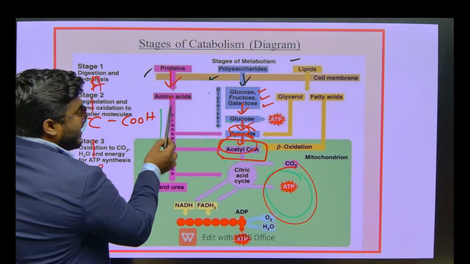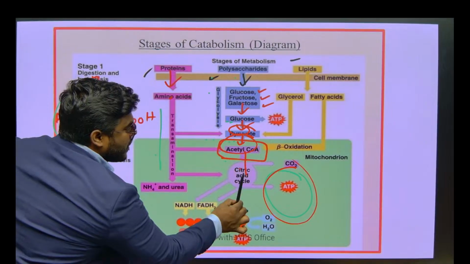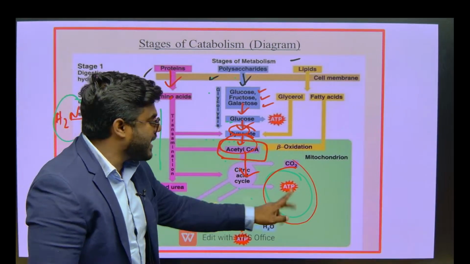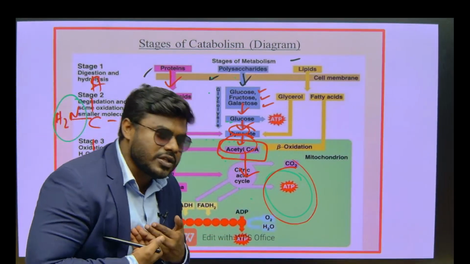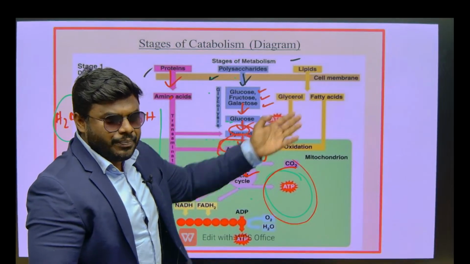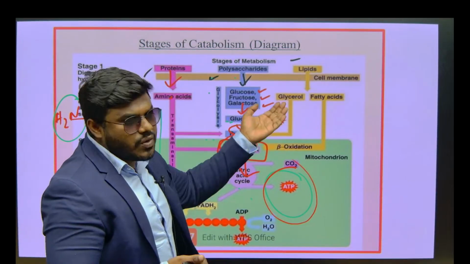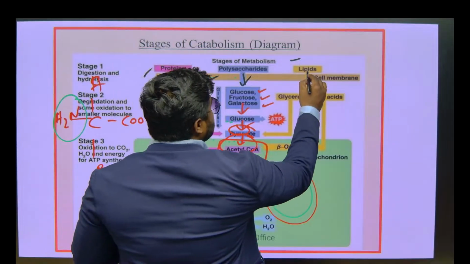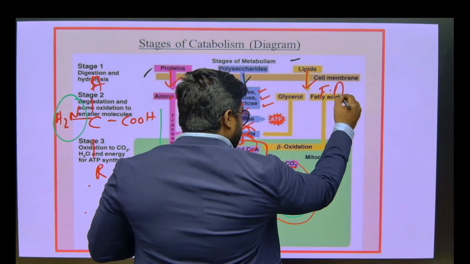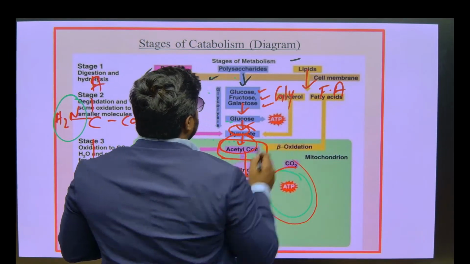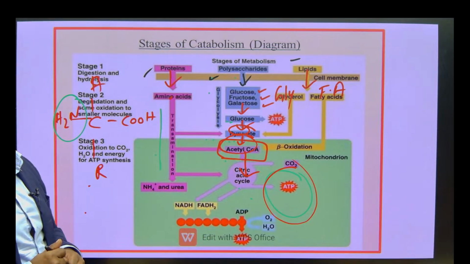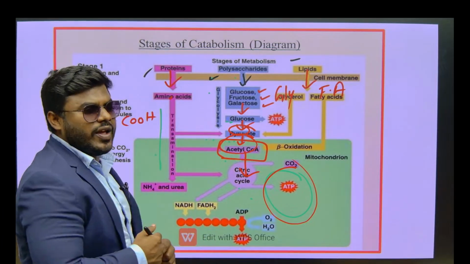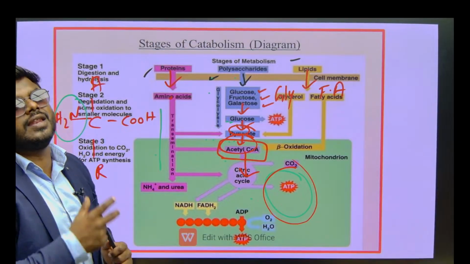Acetyl-CoA enters into the citric acid cycle. Simple. Now we also eat lipids. All our vegetable oils are what? Lipids only. Now lipids also break down into fatty acids and glycerol. The question which was asked in the NEET exam: which of the following is not polymeric in nature?